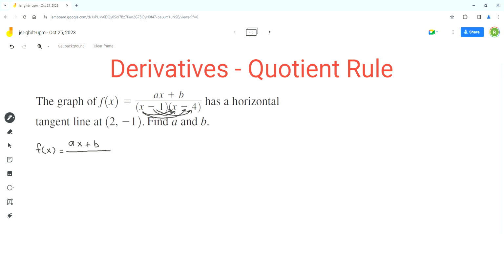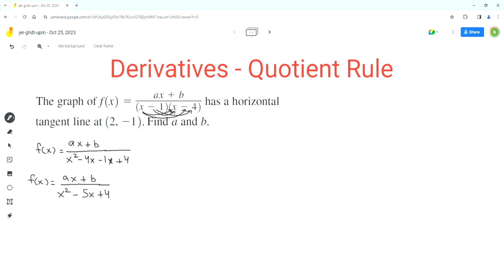So in the denominator we get x squared minus 4x minus 1x plus 4. Now we can combine like terms in the denominator. So we get f(x) equals ax plus b over x squared, and minus 4x and minus 1x can be combined into minus 5x, and then plus 4.